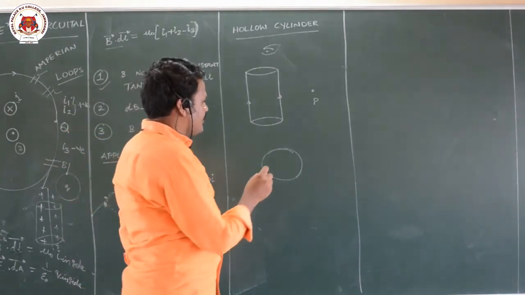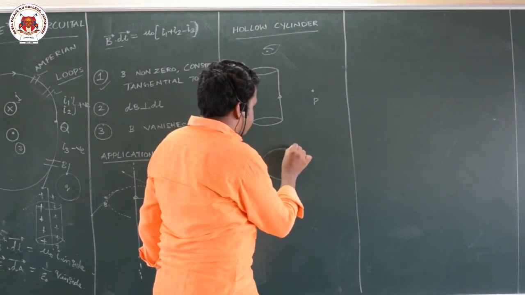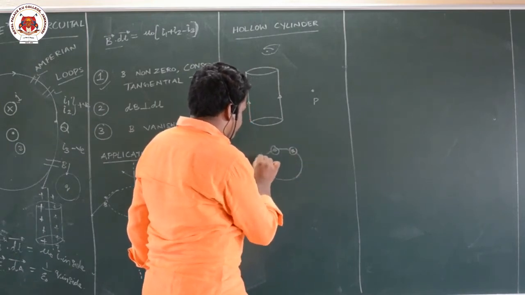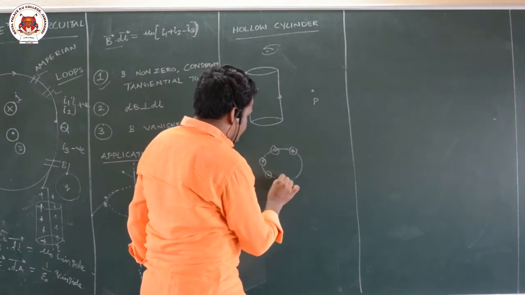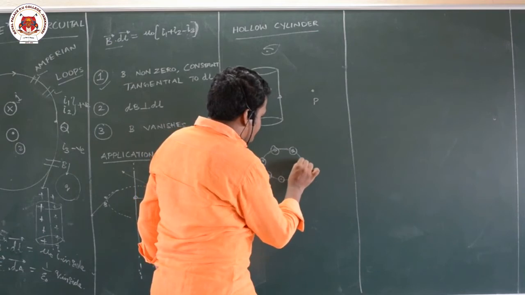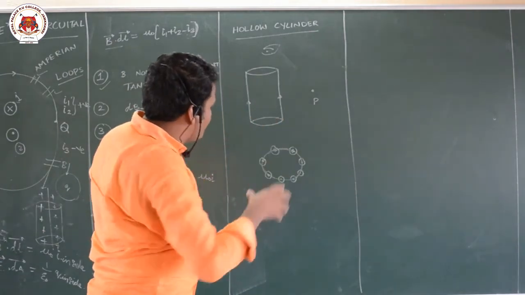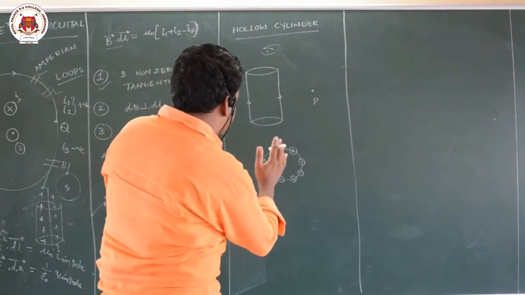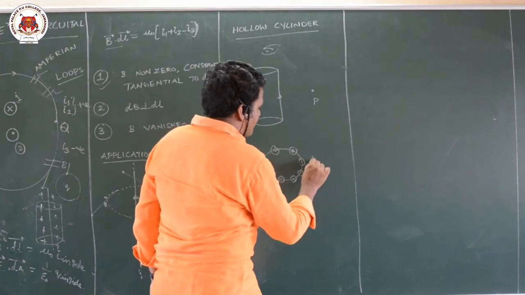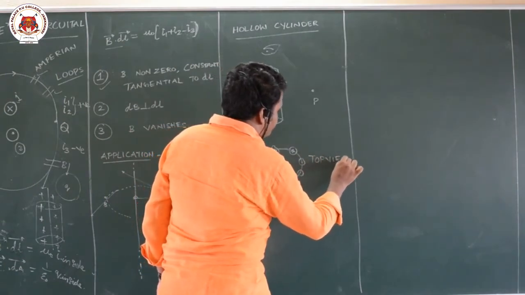The cylinder is present into the board like this. This is the side view, and this is the top view. You are seeing from the top.